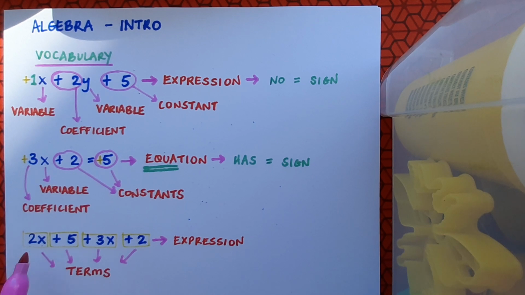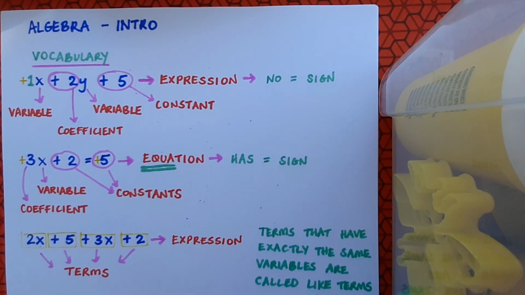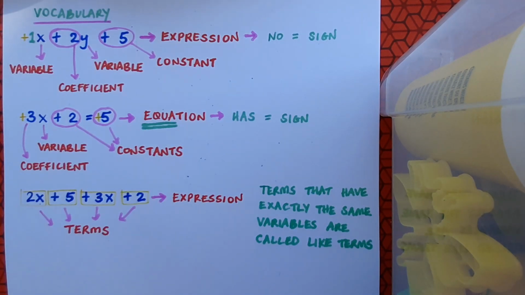Terms that end in identical variables are called like terms. Constants count as like terms as well because they don't have any variable. I can add and subtract like terms as instructed by the expression. So for example, here I'm being told that I've got 2x plus 3x. These are two like terms, so I can put them together.